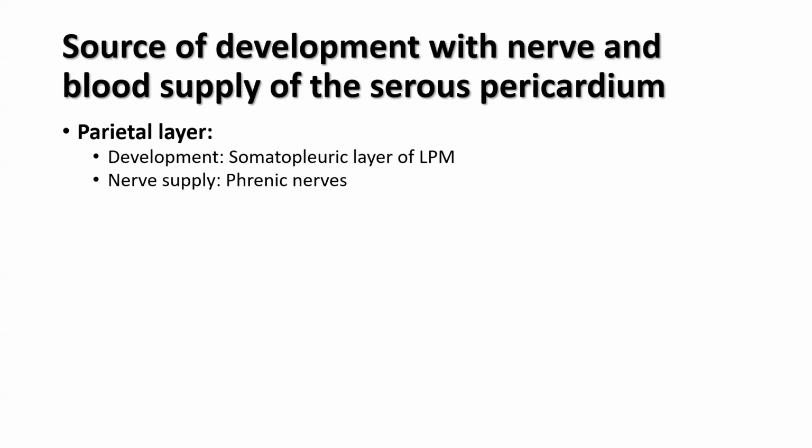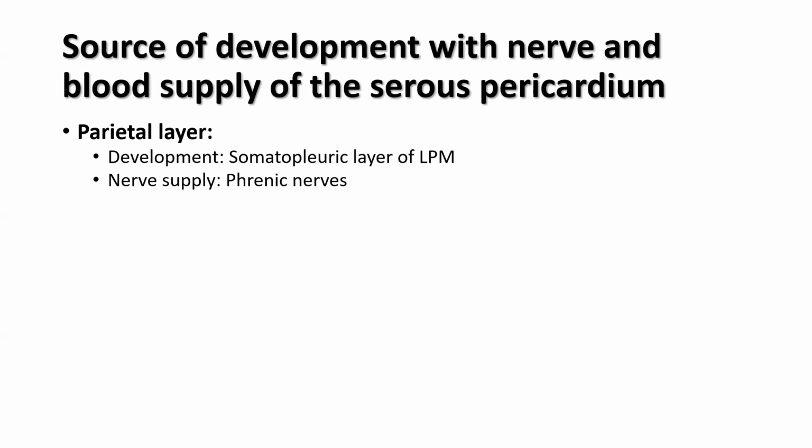Understand? Is there any problem? Fibrous pericardium and parietal layer of serous pericardium develop from two different sources. One from septum transversum, another from somatopleuric layer of lateral plate mesoderm. But they are closely blended to each other, forming a single layer. That's why both of them are supplied by phrenic nerve.